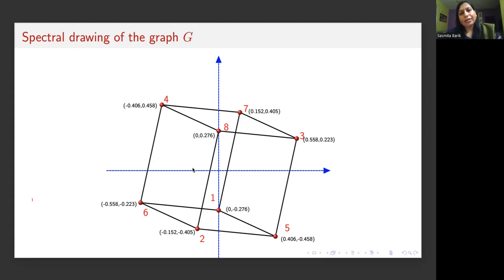So the same technique is getting applied, and this spectral drawing technique is also used in image processing.